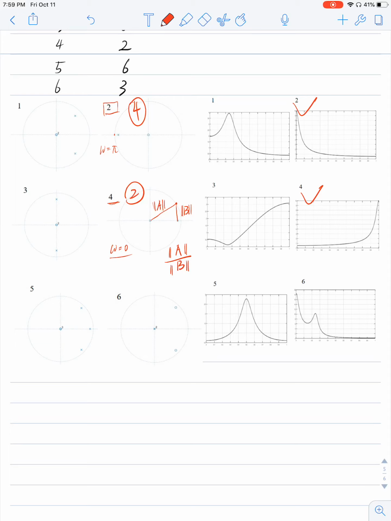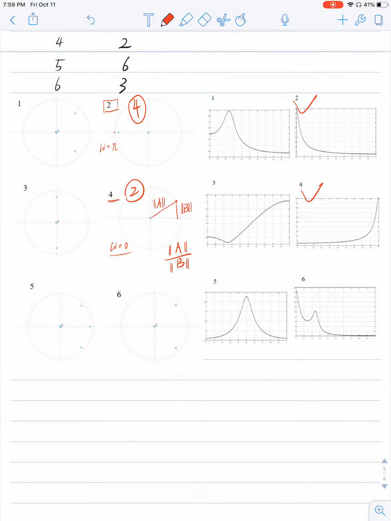Now let's look at pole zero diagrams 1 and 3. For pole zero diagram 3, if omega equals pi over 2 or minus pi over 2, it has the maximum value, here and here.